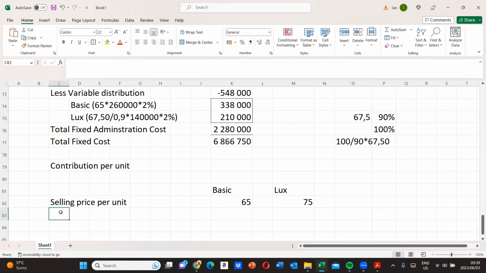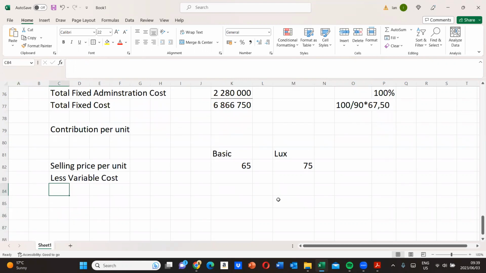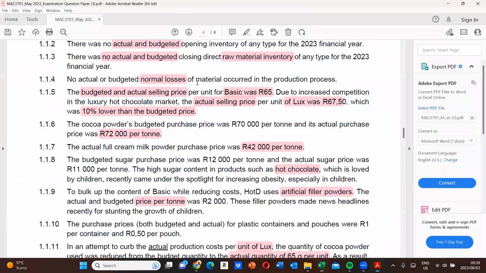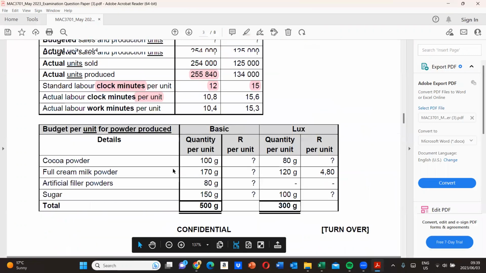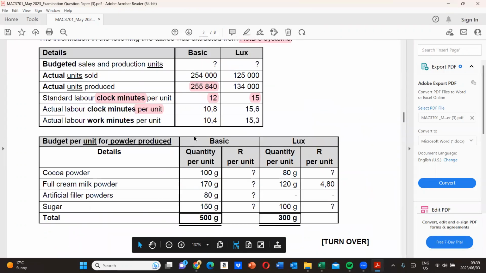So we have a selling price, and then we say less variable cost. In terms of the variable cost, let's quickly see now what is expected of us. What did they give us there? It was one of those questions.